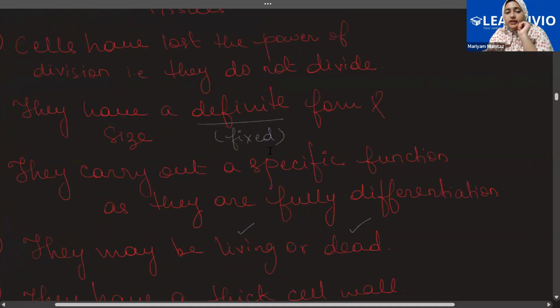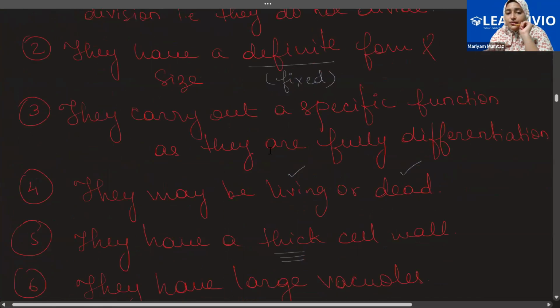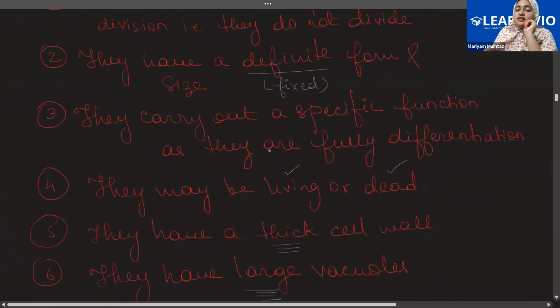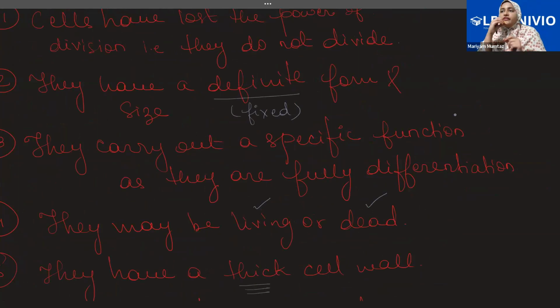Now moving forward, the third characteristic is that these tissues have a specific function. Why do they have a specific function? Because they have undergone the process of cell differentiation. After cell differentiation, they have been assigned a proper function to perform. They don't do all of the things. They get specialized for one function and keep on performing that function only.